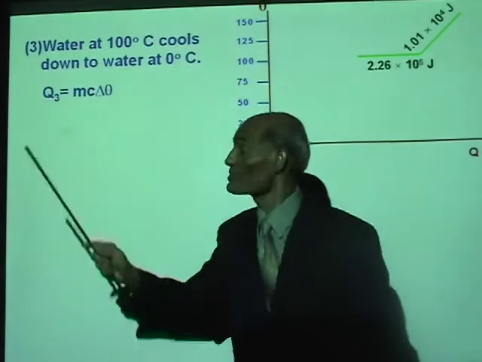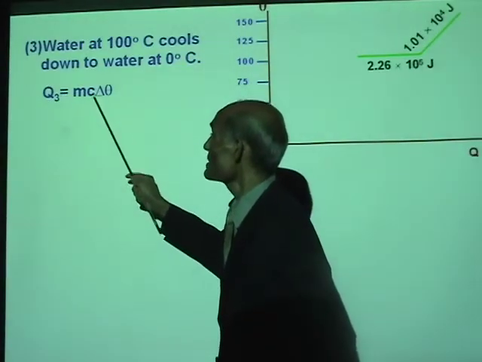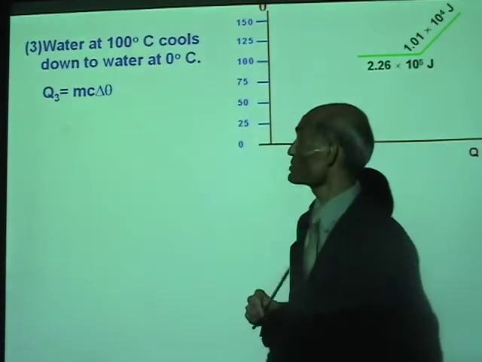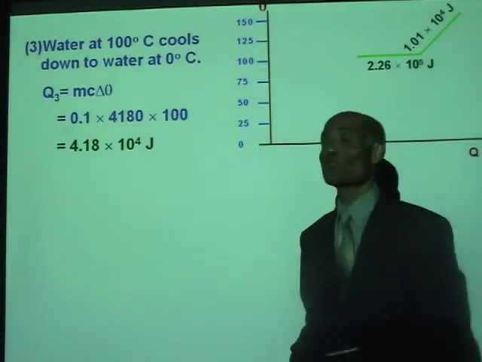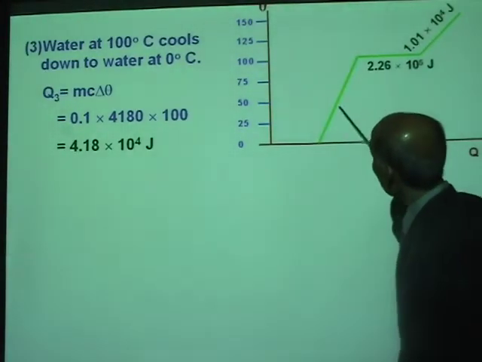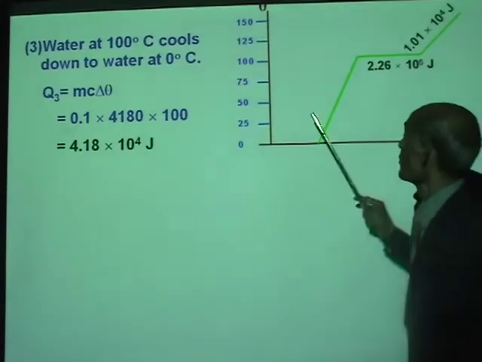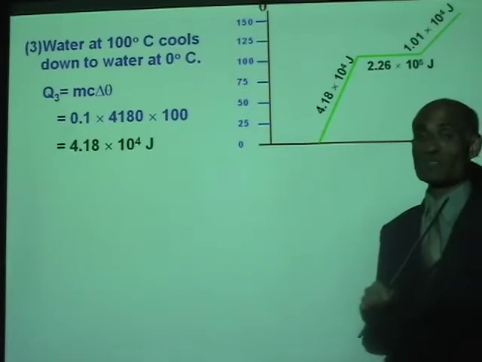The quantity of heat is mass times specific heat times change in temperature. Let's put those values there. And that is 4.18 times 10 to the 4 joules. Where will you represent that? There you are. So that will be 4.18 times 10 to the 4 joules.